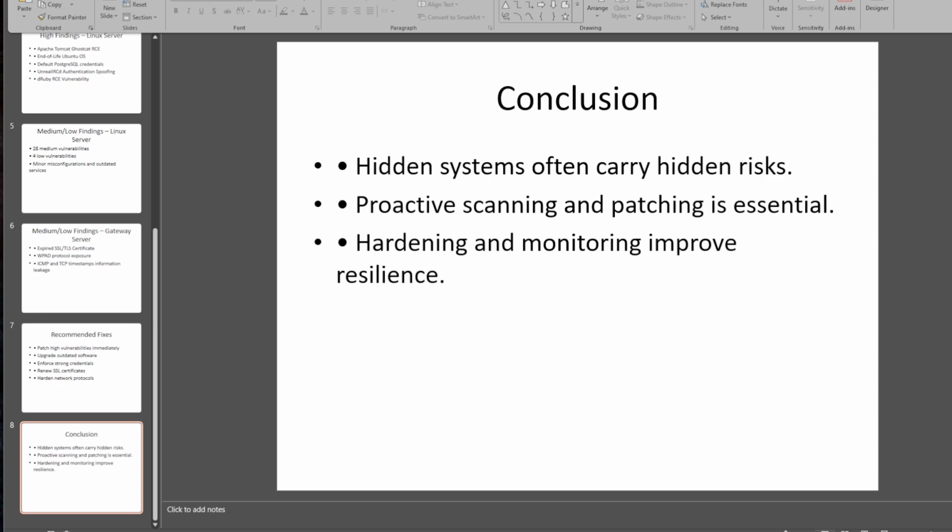Early detection through tools like Nmap and Greenbone, combined with proactive patching and system hardening, are critical steps in protecting organizational infrastructure from any malicious intent from any attacker.